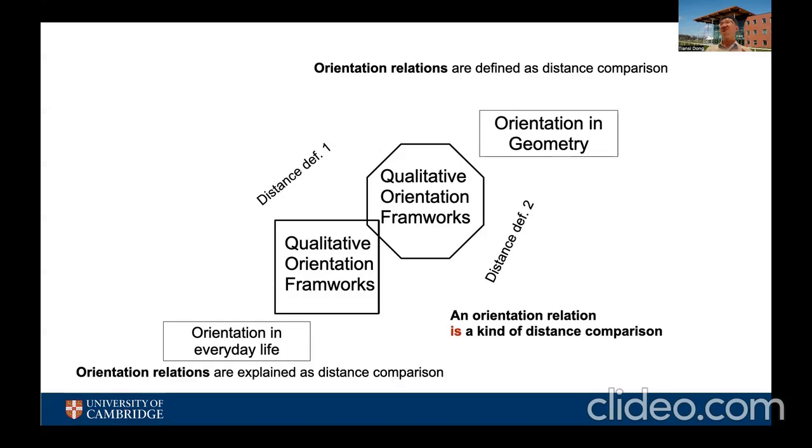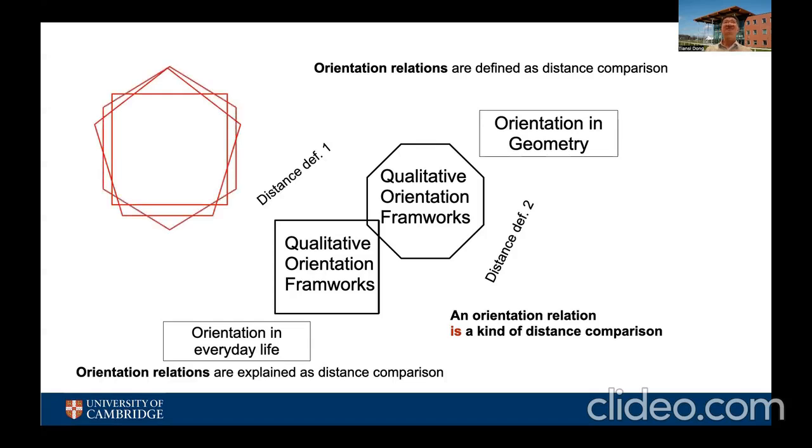So we show that orientation in both everyday life and in geometry is a kind of distance comparison. The only difference is that we change the shape of the reference object and the method of distance comparison.